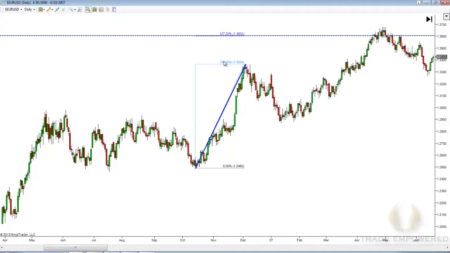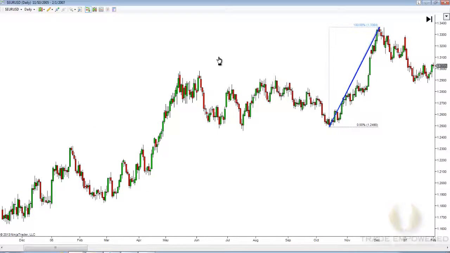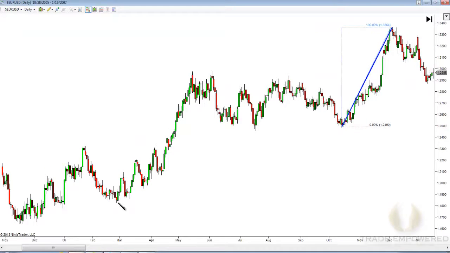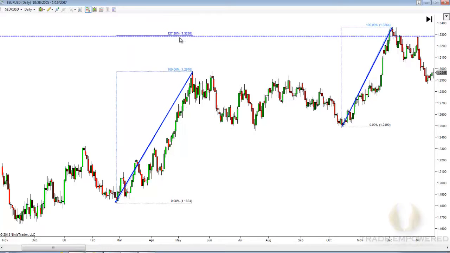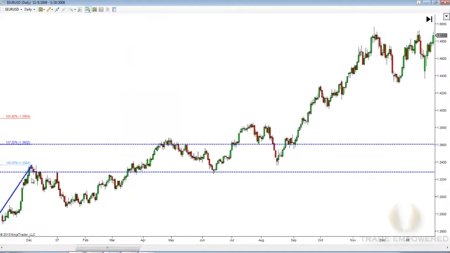Right to my 127.2. If I look at this recent move, swing low to swing high, bringing my Fibonacci extension tool from our starting point to our swing high and back down, where does this market come to? Right to our 127 extension.